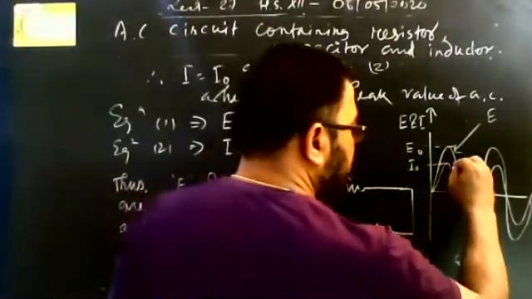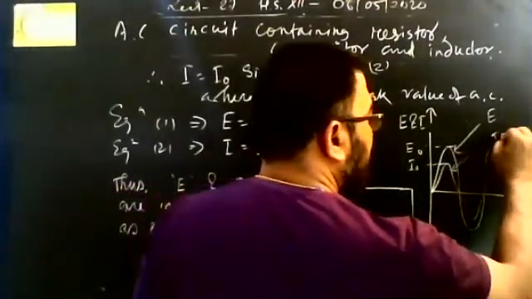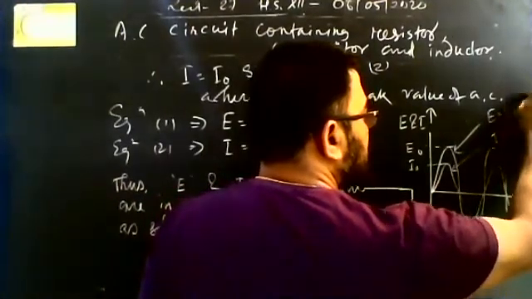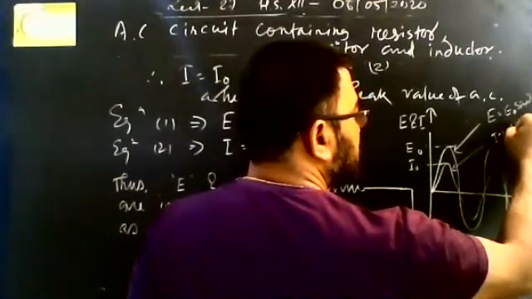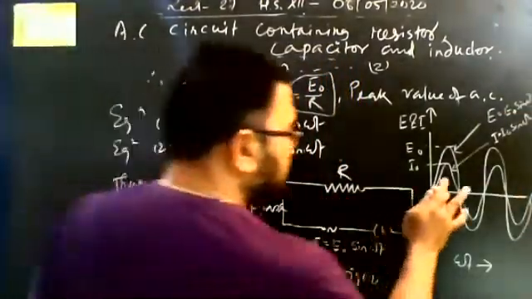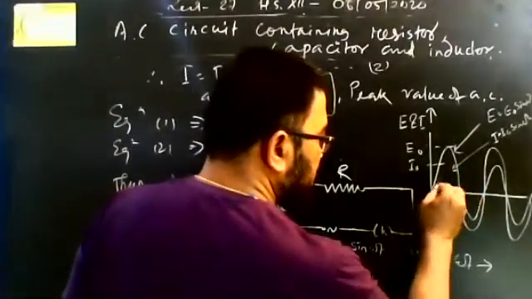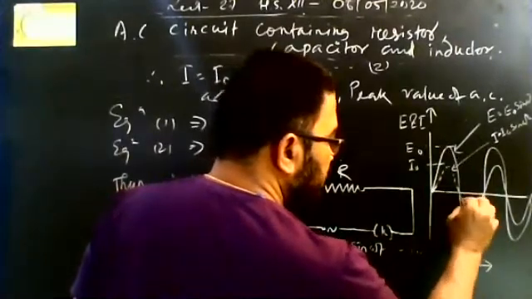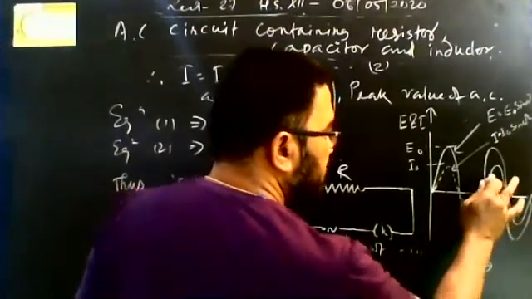This second curve represents I, that is I naught sine omega t, and the first is E naught sine omega t. You can give a dotted line also for the second graph of I, so that you can easily recognize the curve.